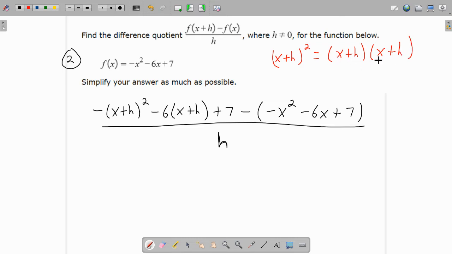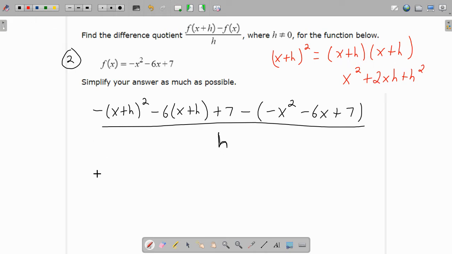So if you FOIL this, it'll always come out to x squared plus 2xh plus h squared, because if I FOIL, I get an xh and an xh, which is 2xh. You're not used to seeing two variables, but it works out that way. So when you FOIL this, you get this.